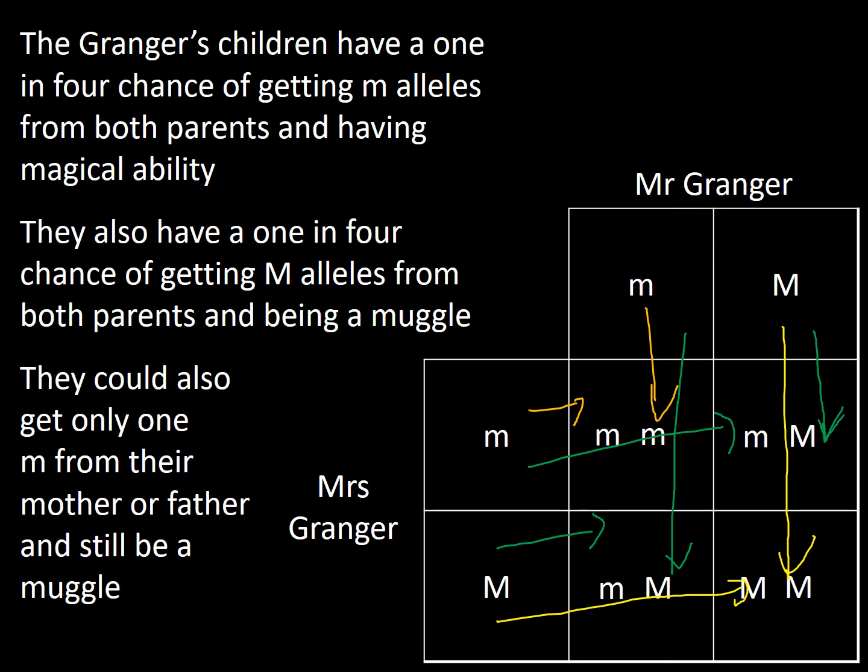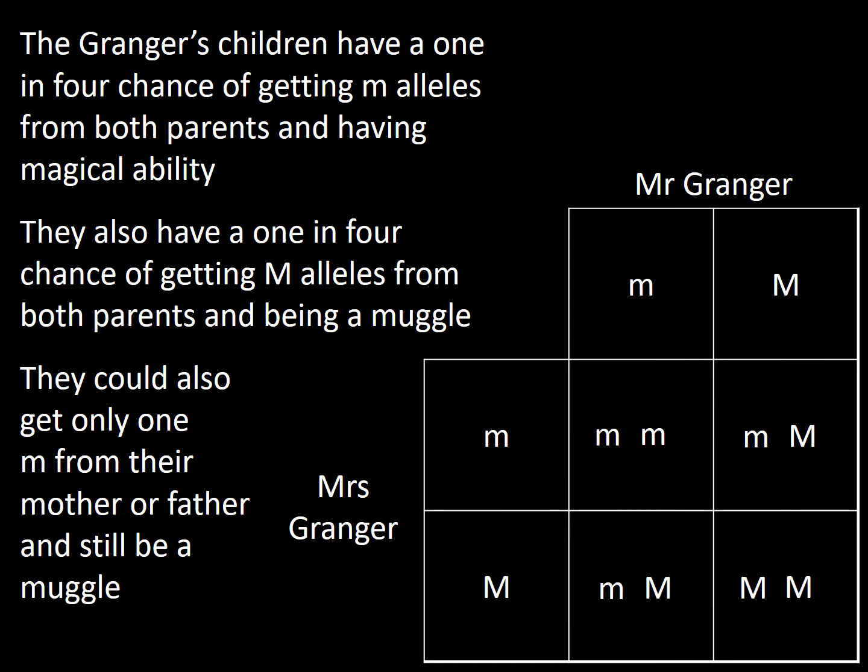But if we look at it, this is a 3-to-1 ratio, with one of them being a wizard and the other 3 being muggle.